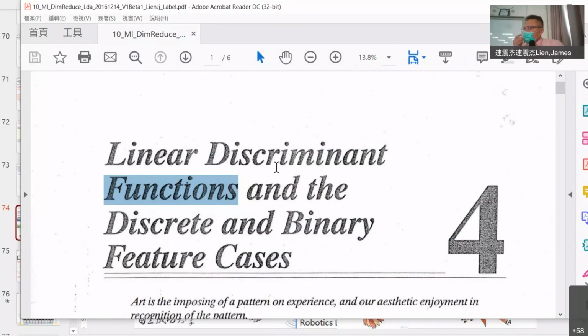In traditional computer vision, they do PCA and they do LDA separately. PCA is for space transform. LDA is for discrimination. So we combine PCA and LDA, and the function is similar to the GAN.